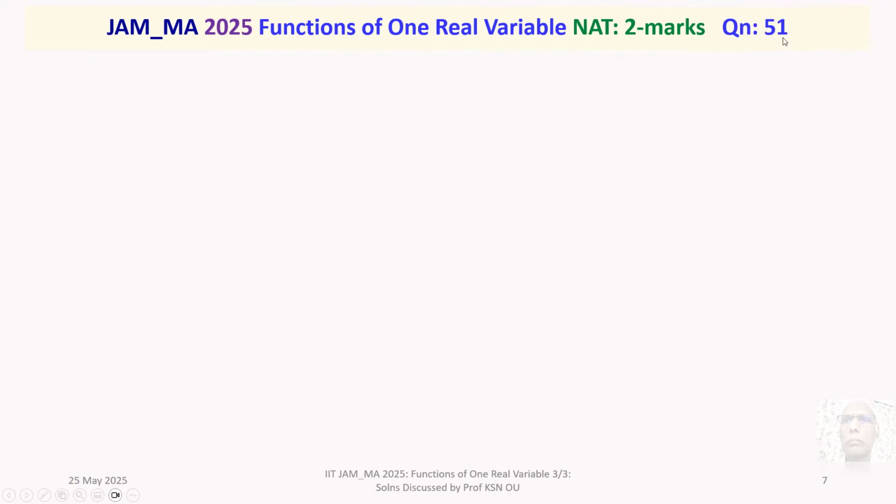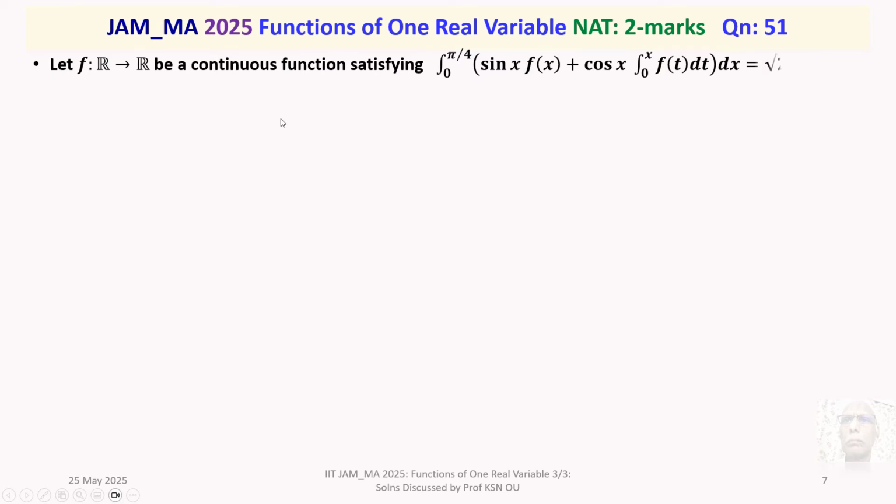This is question number 51 for 2 marks, which is a NAT, that is a numerical answer type question. The given question is: let f be a continuous function from R to R, satisfying the integral from 0 to pi by 4 of (sin x times f(x) plus cos x multiplied by the integral from 0 to x of f(t) dt), all in one bracket, with respect to x, is equal to root 2.